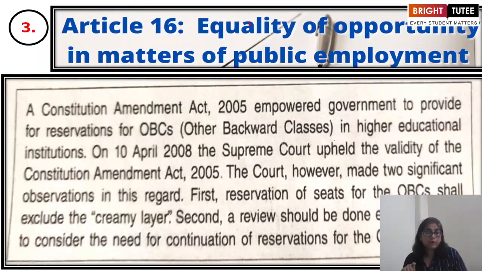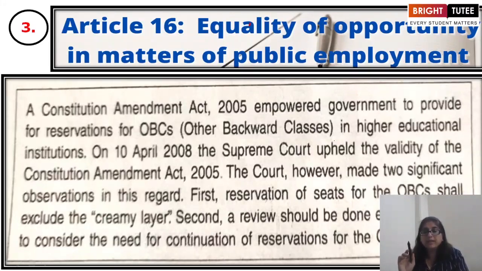And reservation for backward classes: besides scheduled castes and scheduled tribes, a large segment of our society is still backward. So from time immemorial, a demand has been raised for these reservations, and after considering all the aspects of these issues, the Mandal Commission was formed. Along with various other recommendations, this commission recommended that it is fair to provide the benefits of reservation to these castes up to 27%.